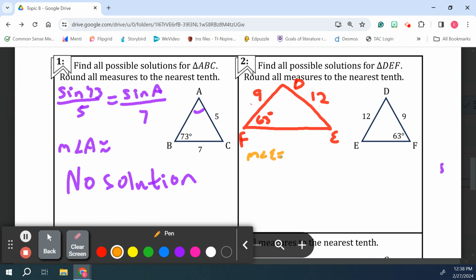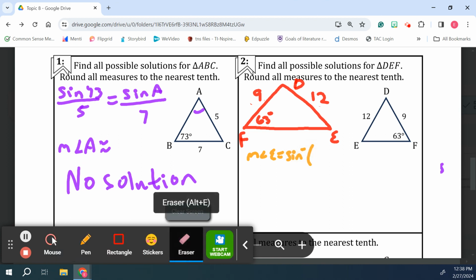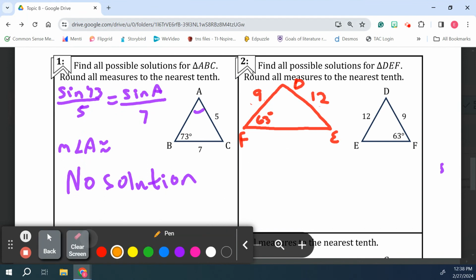Just bear with me. We're not done yet. This is going to be the inverse sine of, well, I guess it would help if I actually set up the ratio, huh? So this will be the sine of 63 over 12 equals the sine of E over 9. So what is the measure of angle E?